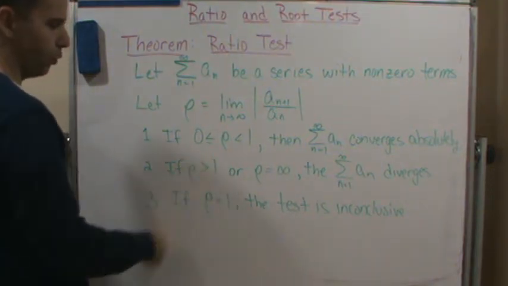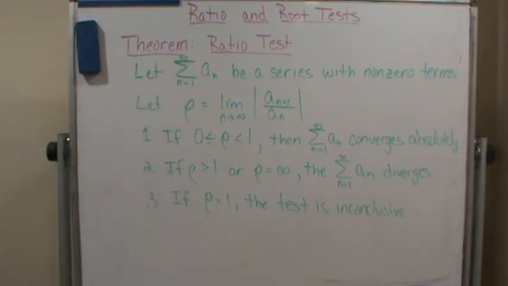If rho is greater than 1 or is equal to infinity, then the series diverges. And if rho is equal to 1, then the test is inconclusive.